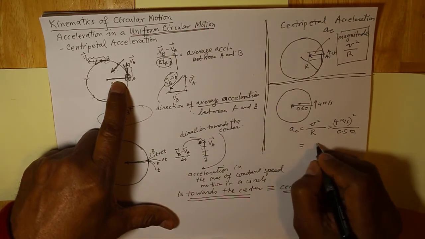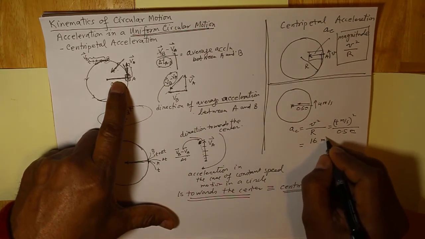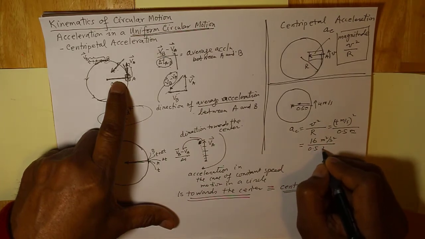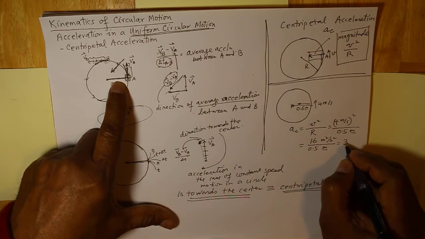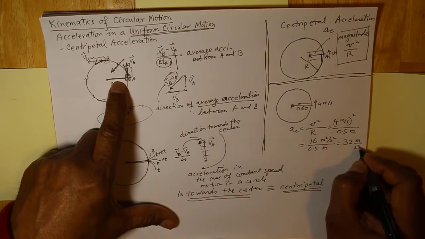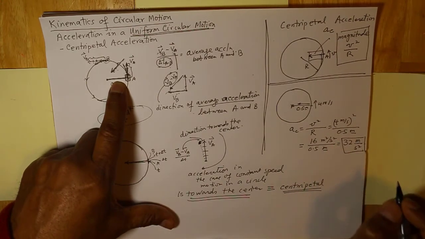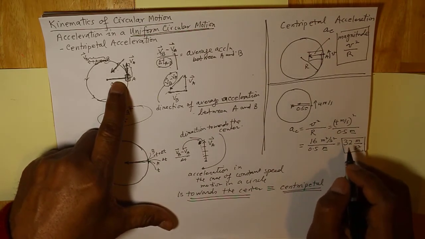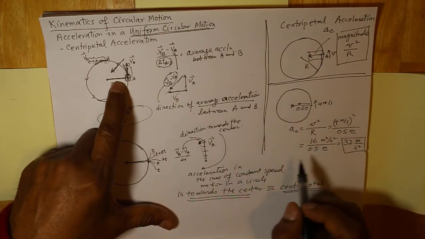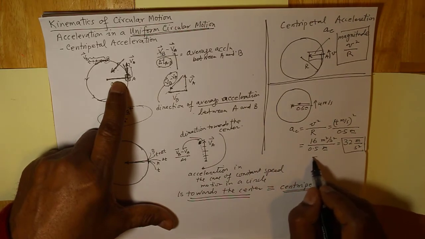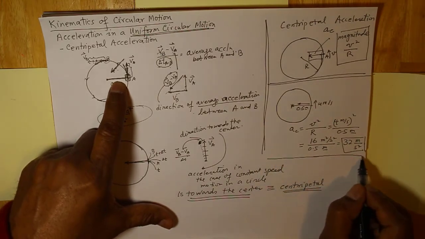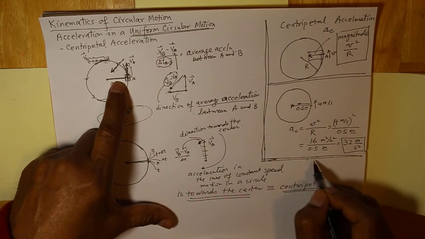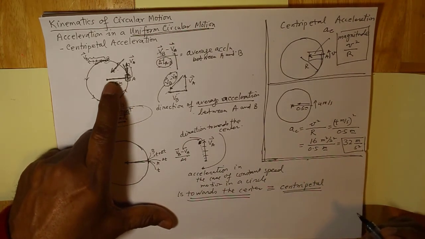So we have 16 meters squared per second squared over 0.5 meter, and that's 32 meters per second squared. You can see this is almost 3 times as large as g, and it is very easy to get very high acceleration in a circular motion. So I will stop here.